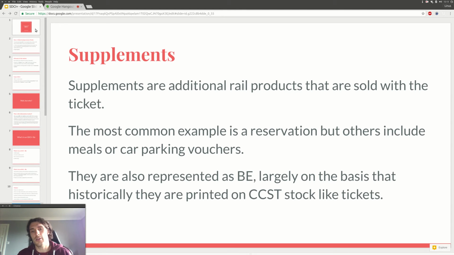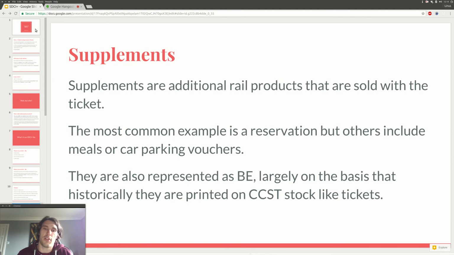Now these things are also represented as BE records in the SDCI Plus, and that's largely because structurally they're kind of similar, but also coming back to that model of the ticket office, their supplements are printed on the orange CCST stock, right? So it's kind of like they're a ticket.